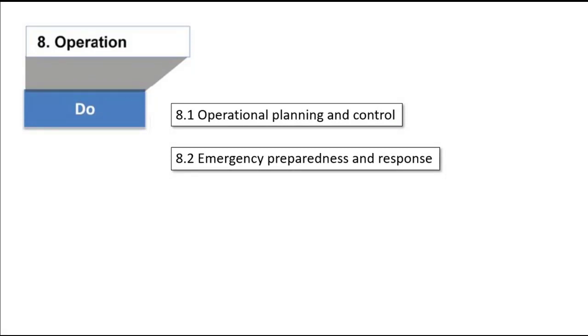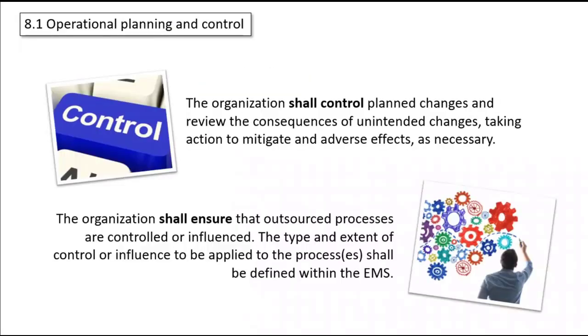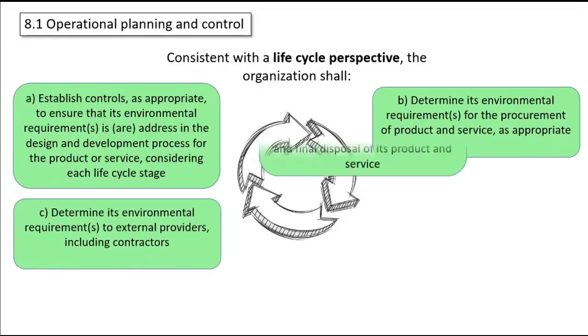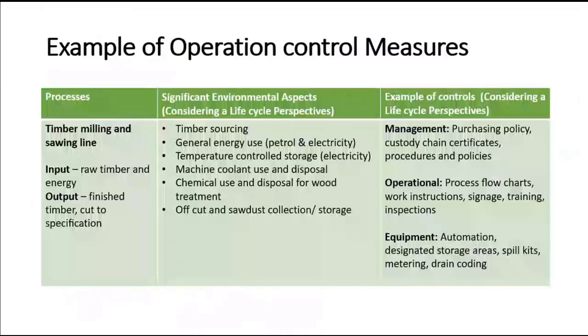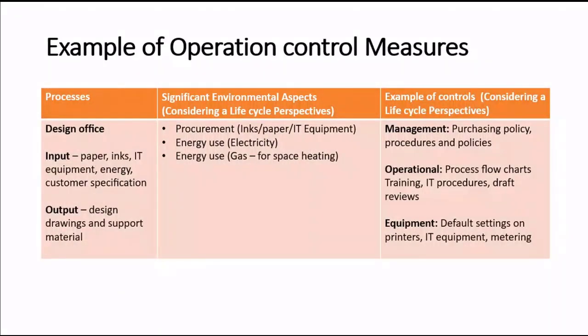I hope you can understand why this is important, because we want to minimize any impact to the environment. In the example I gave you here, they highlighted the significant environmental aspect: any activity that can interact with the environment. Therefore you need to identify the 3 criteria of these operating processes, and you must also control.